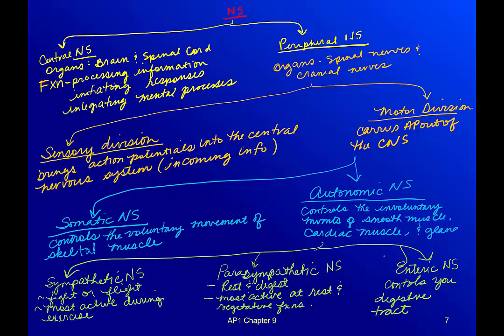Whereas if I'm in rest and digest and my parasympathetic is on, then my enteric is also on, because my enteric is rest and digest. So enteric is included in this level of organization because technically my sympathetic and parasympathetic are the on and off switch. Sympathetic being off, parasympathetic being on.